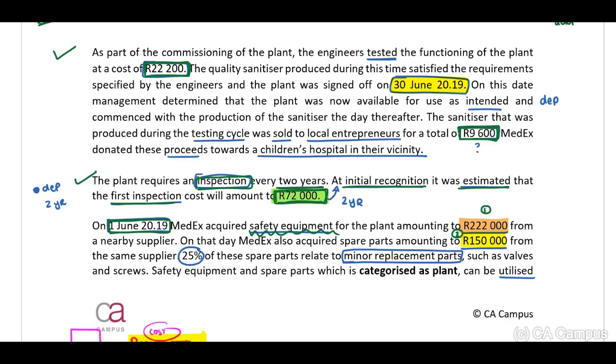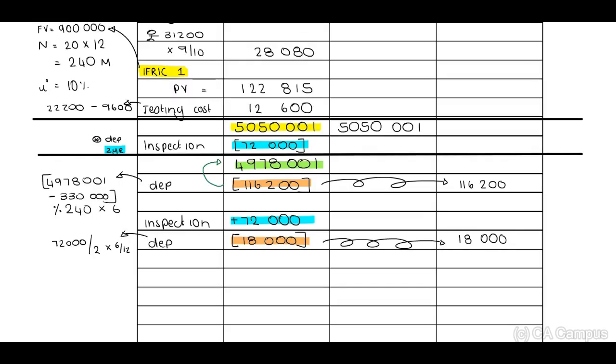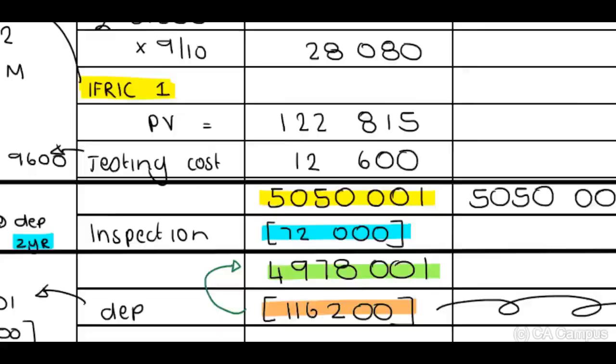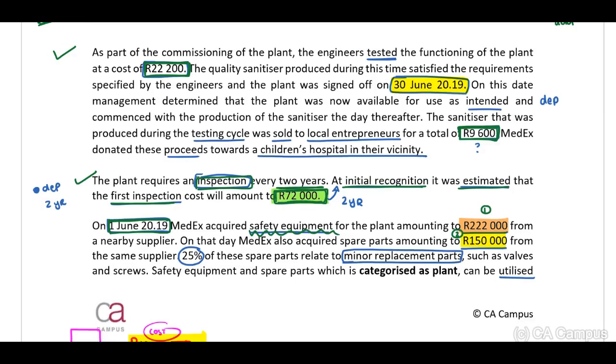Therefore, we need to capitalize the safety equipment. Let's transfer this to our calculation, and this will be our safety equipment. This is the 222,000, right? Okay, and we have our spares. They've indicated to us that 25% of the spares relate to our minor replacement parts.